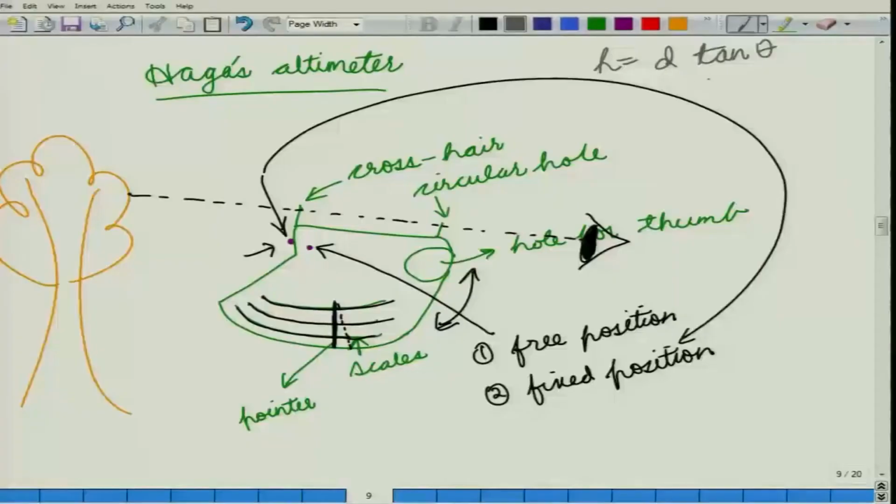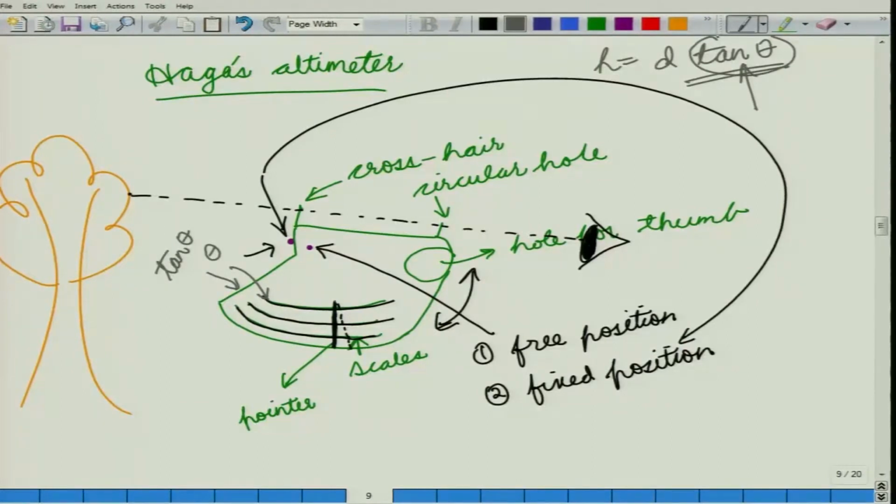Once you have measured theta, you will have to calculate tan theta or look up its values in a table or on a calculator, then multiply it with your distance d. But what this device does is, it directly calculates tan theta and shows it on one of the scales. So, one scale would show you theta, another scale would show you tan theta. So, you have directly come to the measurement of this.